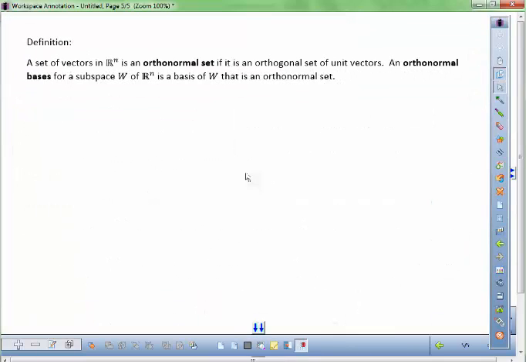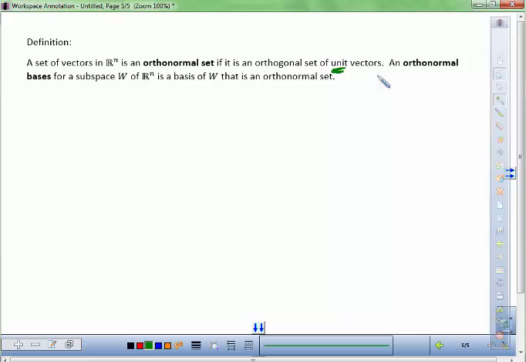So this is something that I had already kind of mentioned. A set of vectors is called orthonormal, not just orthogonal, but orthonormal, if it's orthogonal and all the vectors are of unit length. So this is where it brings it back down to unit length.